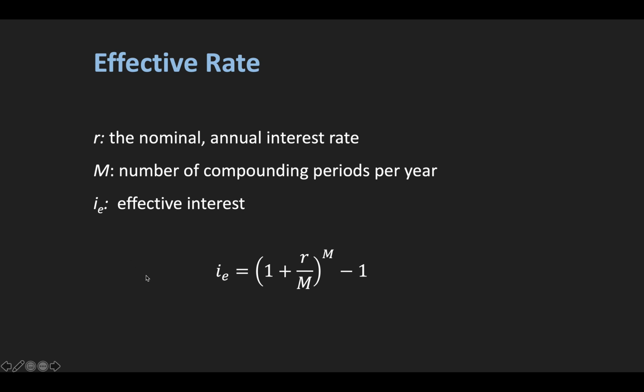And for sure, this number is always bigger than R, the nominal interest rate. So that's also a way to verify your calculation. If the effective interest rate is lower than R, then there is some mistake, so you want to go back and double check your calculation, okay?